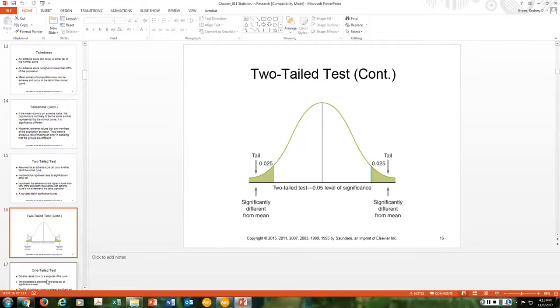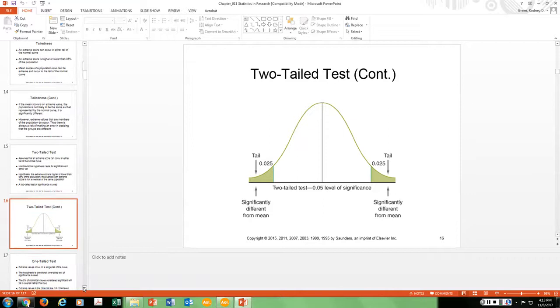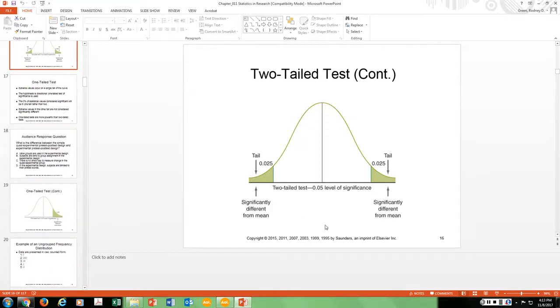So here is the normal curve that you learned about in your statistics course. Here we have a hypothetical curve with all these values under the curve, and we have one standard deviation from the middle score to the left and one standard deviation to the right, a second standard deviation to the left and a second standard deviation to the right.